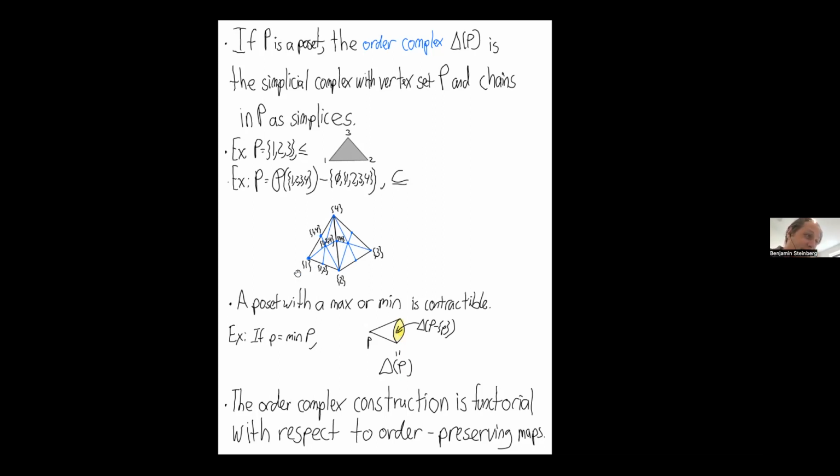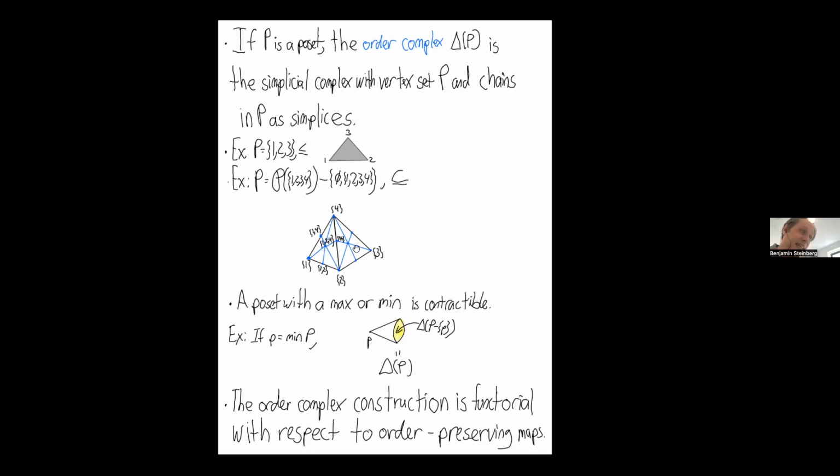I just drew some of the cells, but for instance, the set 1, 2 contains both 1 and 2, and it corresponds to the midpoint here of the edge 1 to 2. If you look at 1, 2, 4, it contains 1, it contains 1, 2. So these three are all here in a triangle. Similarly, you have this triangle here with 1, 4, and 1, 2, etc.